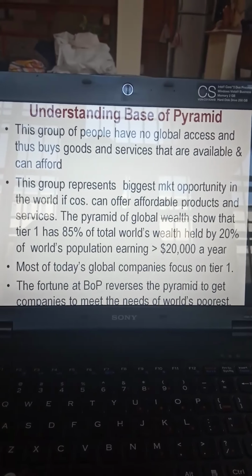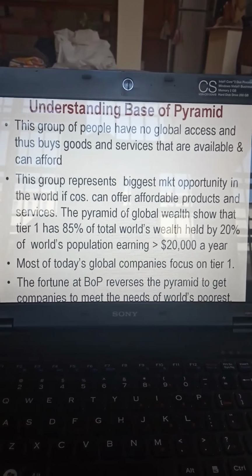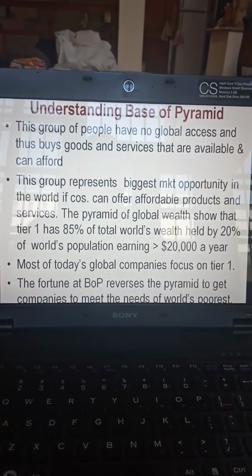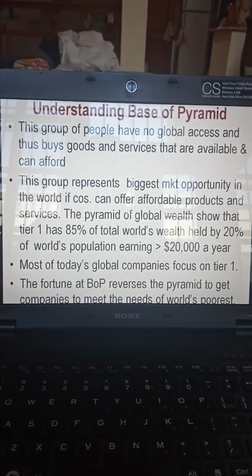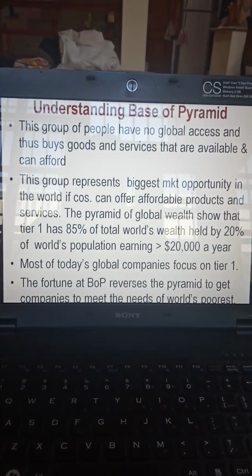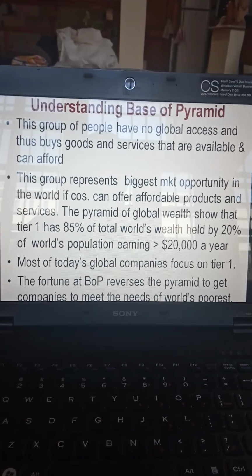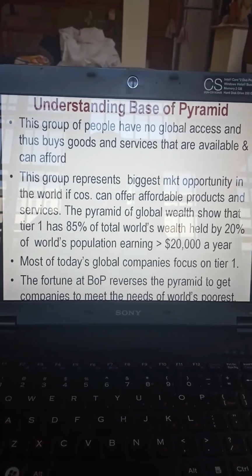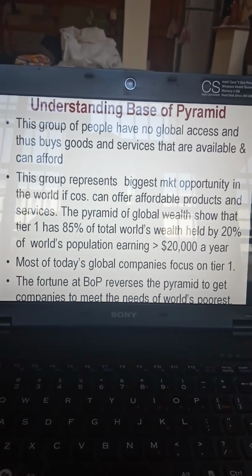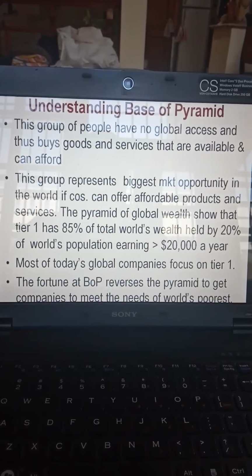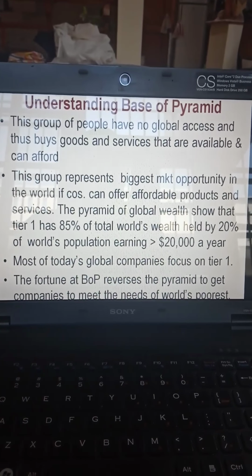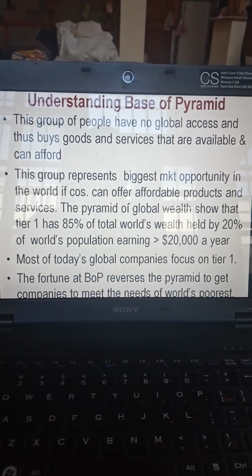But what about others? They cannot buy, but they have an equal right to use those products. So what does it indicate? It indicates that many companies initially were focusing only on the top or the rich people, but over a period of time, other companies started looking at different avenues of making profits. It was a big factor.